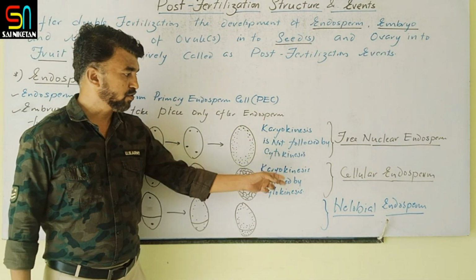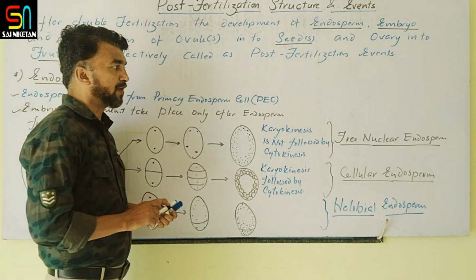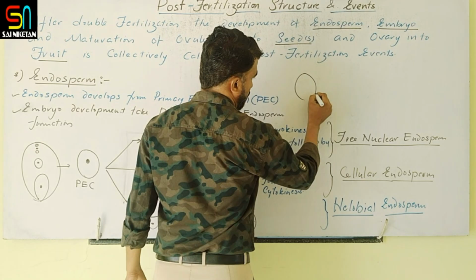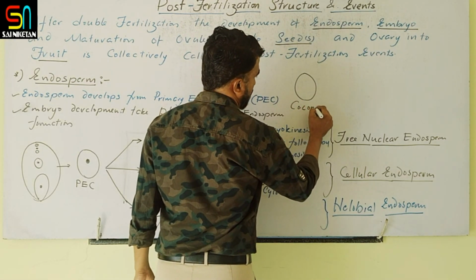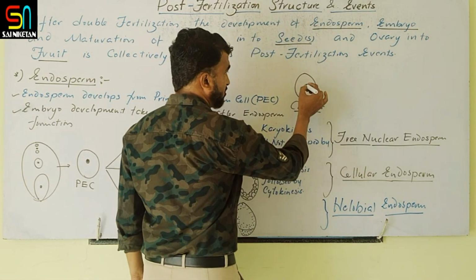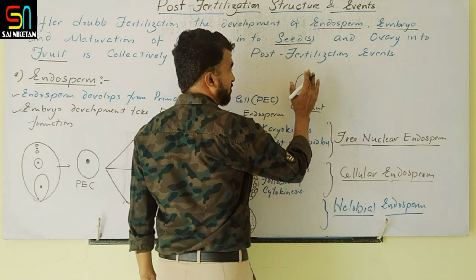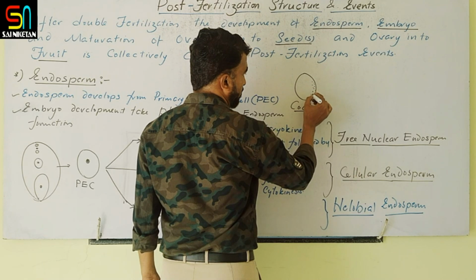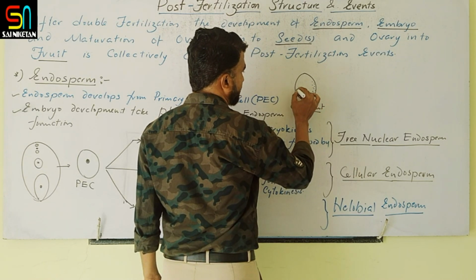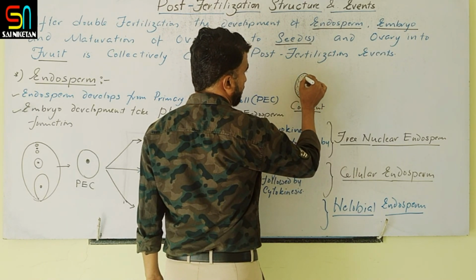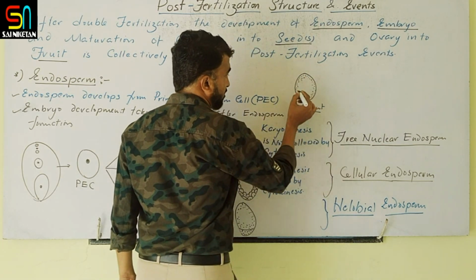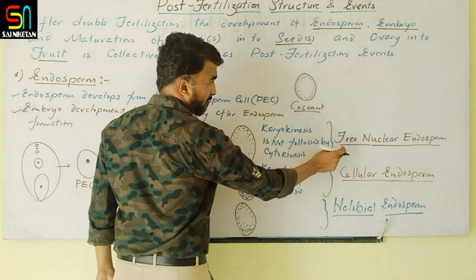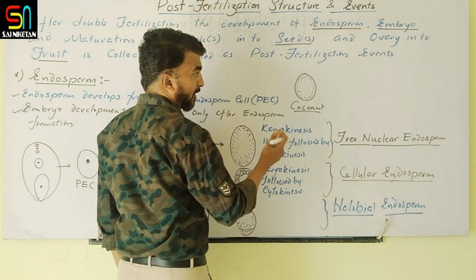So cellular endosperm, free nuclear endosperm. When you take the coconut, initially, if it is a tender coconut, it contains only water. In that, only nuclei are present. Clear? So the initial stage of coconut, which contains only water, is called the free nuclear endosperm.